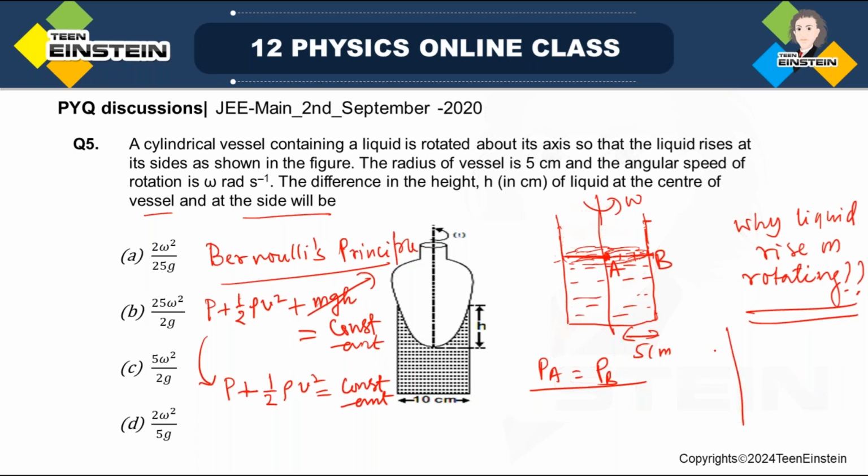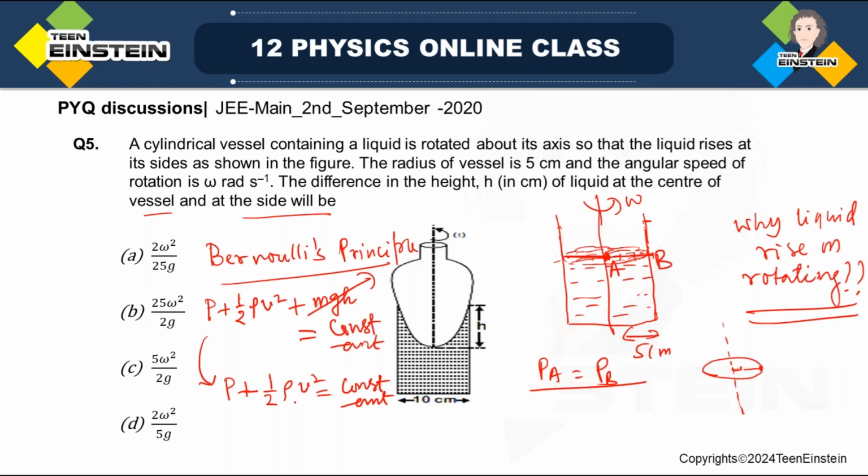If I rotate something about this axis, points near the axis will have lesser kinetic energy, at least linear kinetic energy.